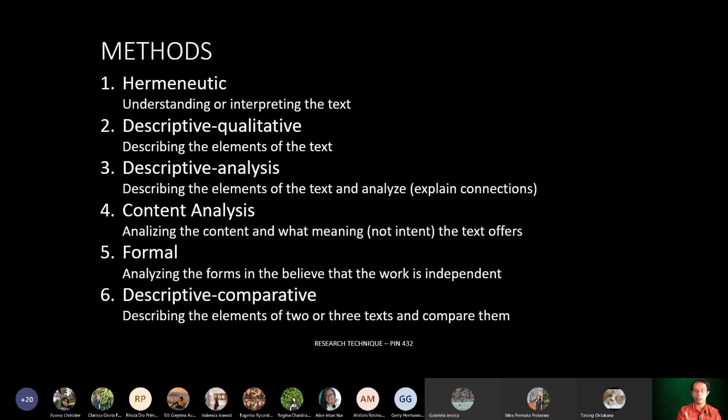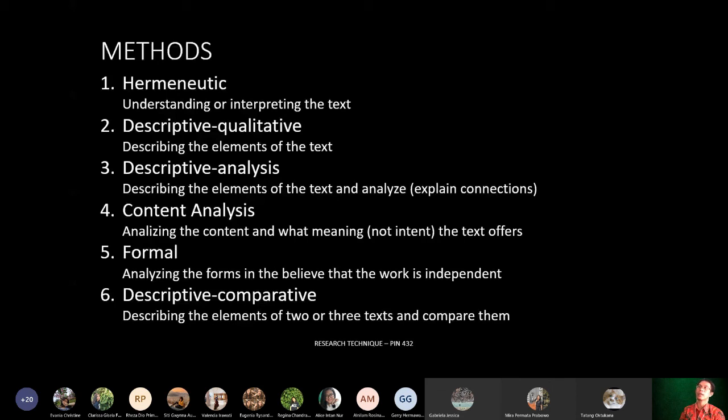You can also do analysis on the content of the work and how you understand it as a reader in content analysis. You can focus mostly on the work to show the completeness, the wholeness, or the strength of a particular work, which is called the formal analysis.